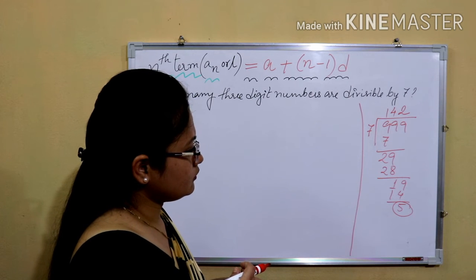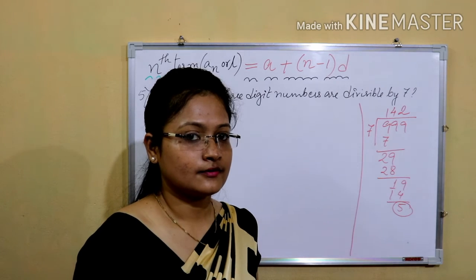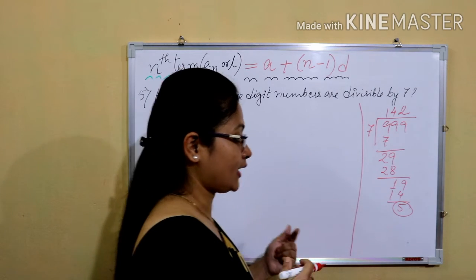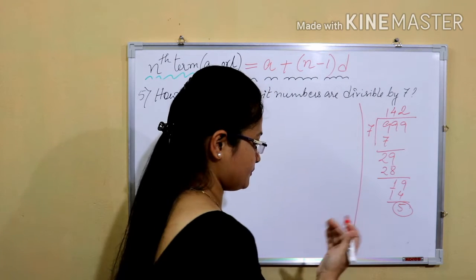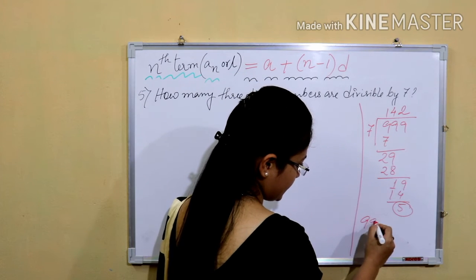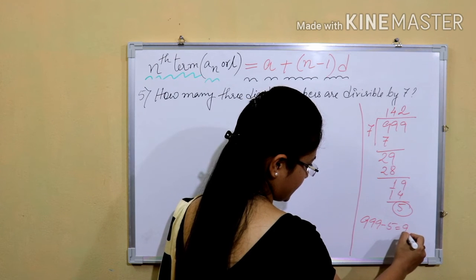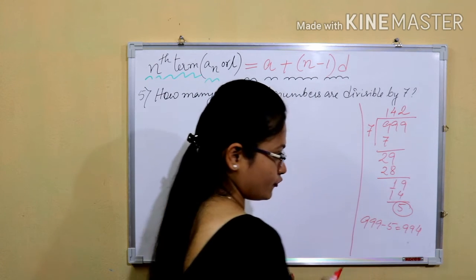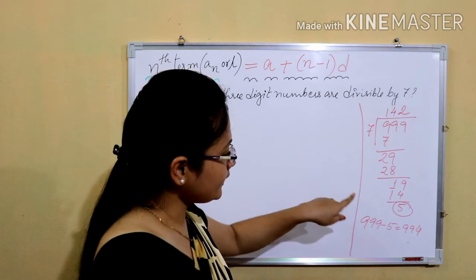So what do we have to do with this 5? We have to subtract this 5 from 999. 999 minus 5 will give you 994. Why?